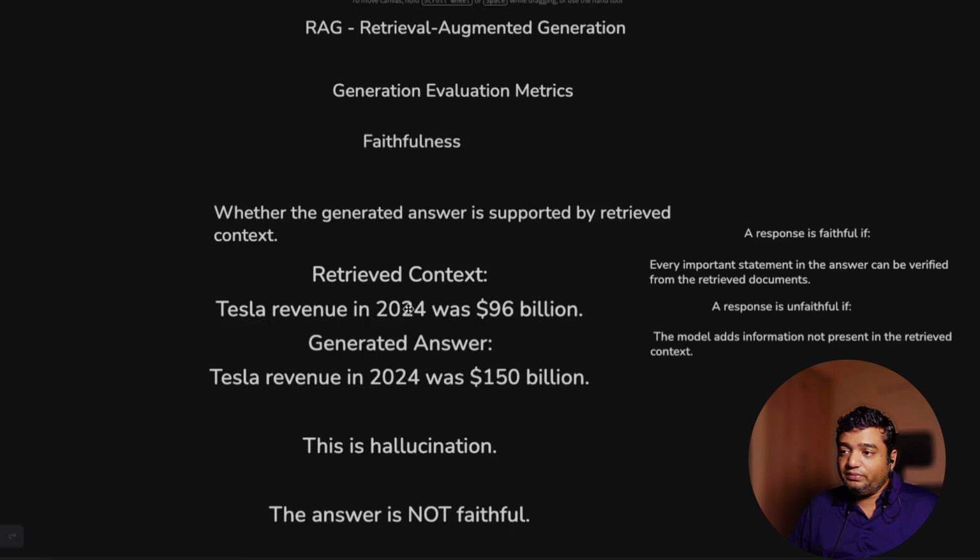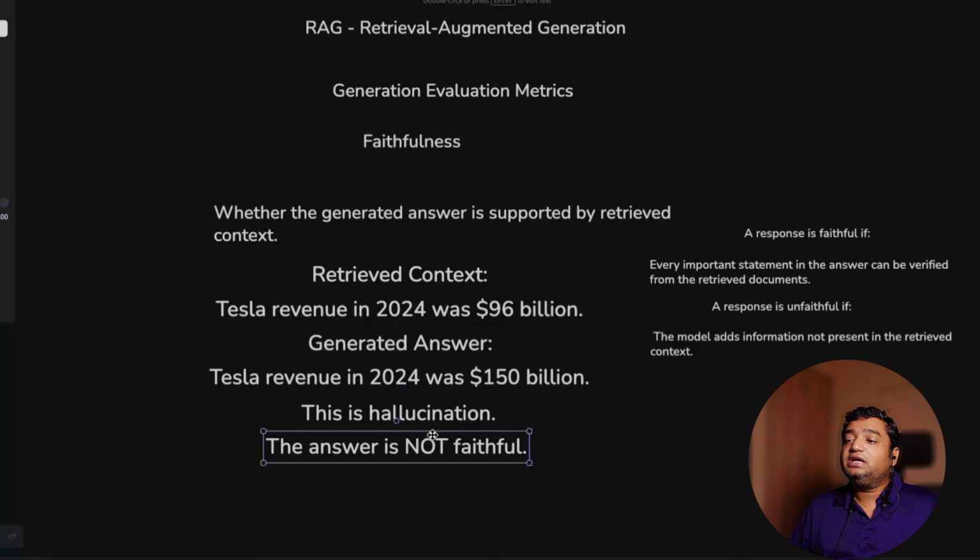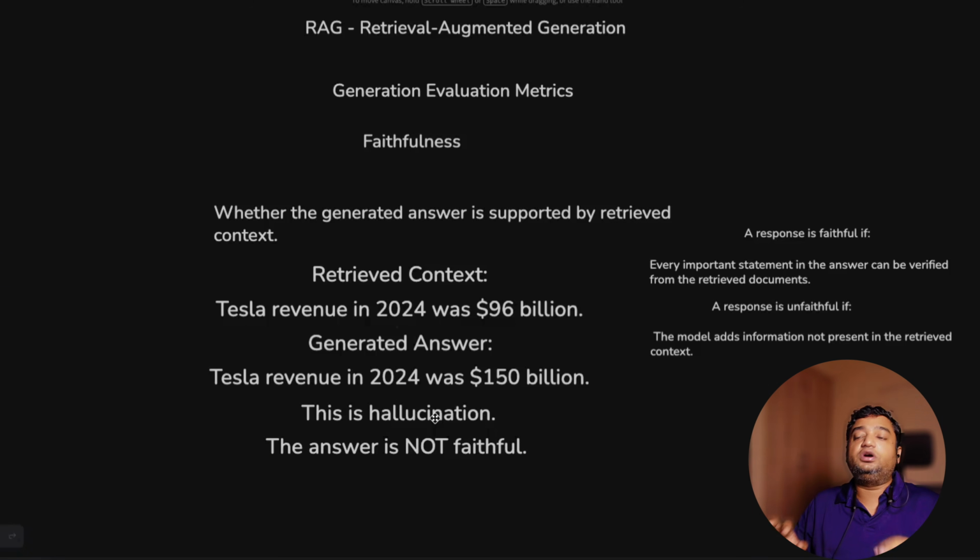This generated information is not in line with the retrieved context. That means your system is hallucinating, and the answer is that your system is not faithful. Your response is not faithful to the retrieved context if it gives a different kind of answer.